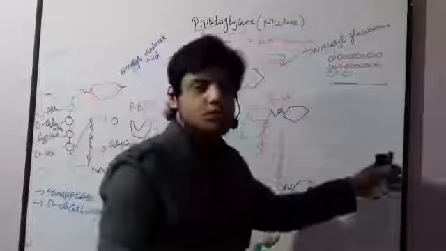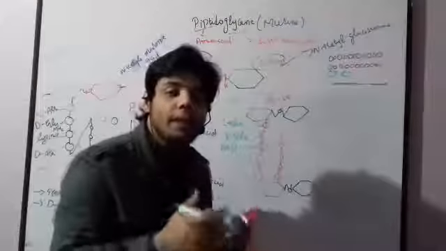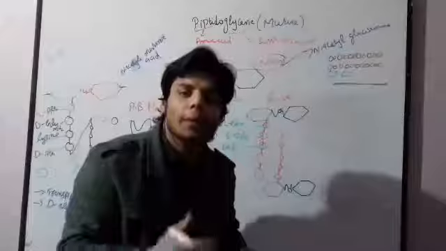The third we call diaminopimelic acid, as I discussed in the previous video. In gram-positive we have L-lysine, but in this case we have diaminopimelic acid, meaning meso-diaminopimelic acid. And after that we have again D-alanine, and this is again D-alanine. So two molecules. Okay, so this is the combination.